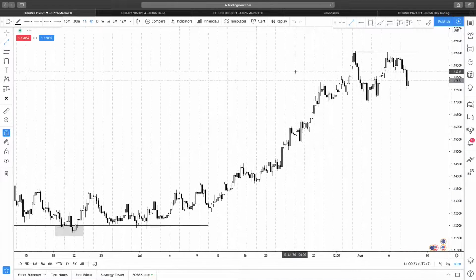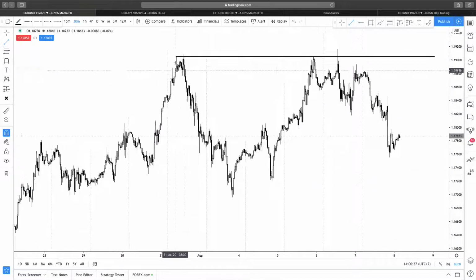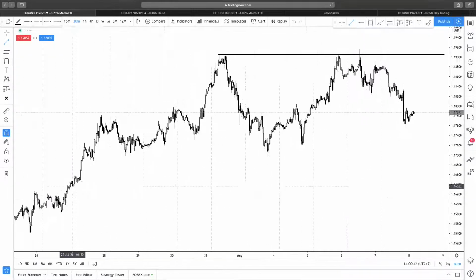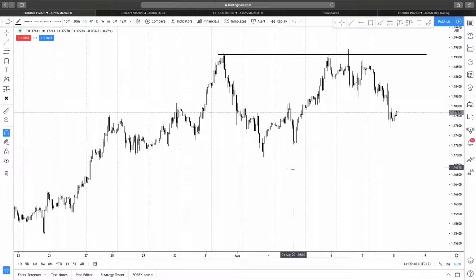Let's have a look on the H4. What have we got? M30. Okay. Sometimes the level gets a little bit cleaner if you go a little bit lower. You might be able to find a cleaner level to mark. So yeah, take it back to H1.